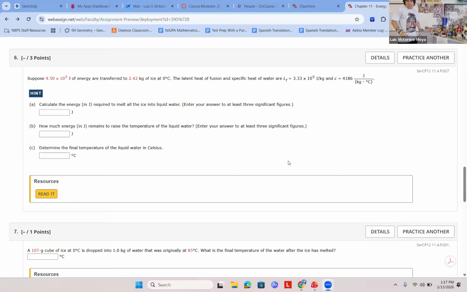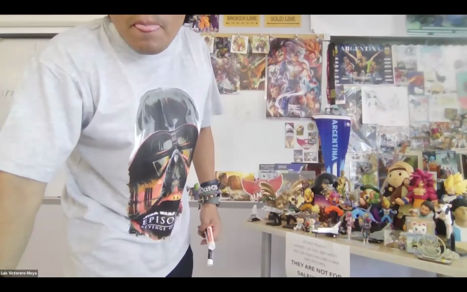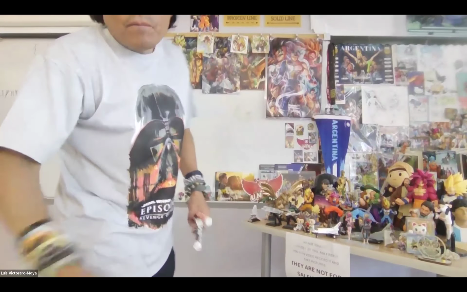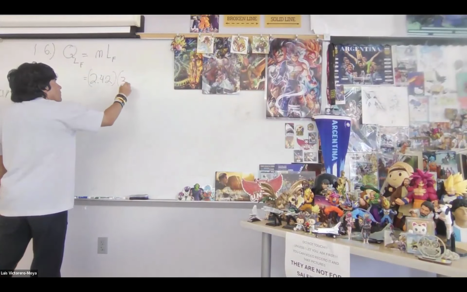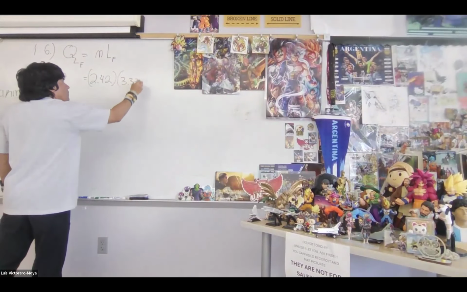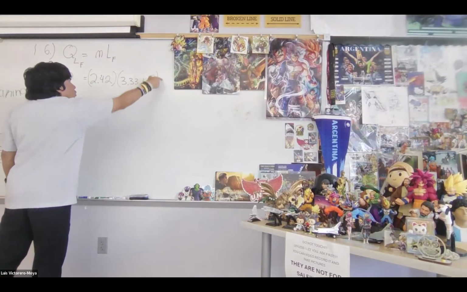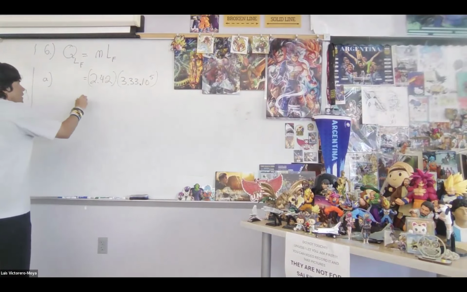Which is 3.33 times 10 to the 5. So the energy to melt the ice, for part A, you just multiply 2.42 kilograms times the latent heat of fusion, 3.33 times 10 to the 5 joules per kilogram, so you will get joules.